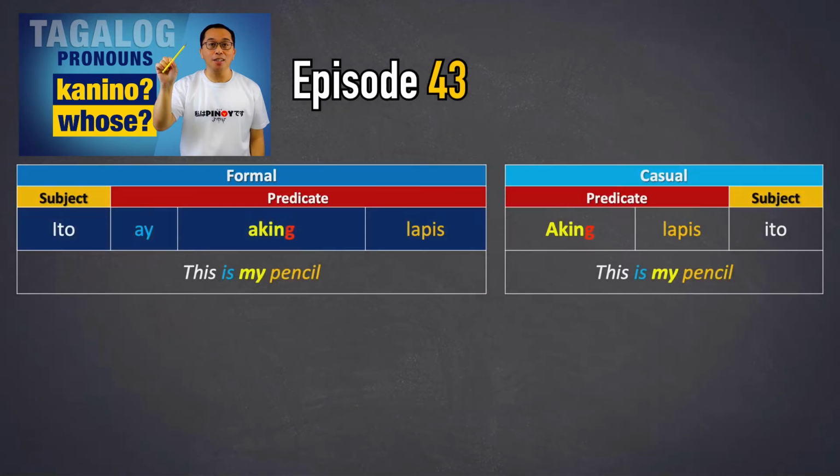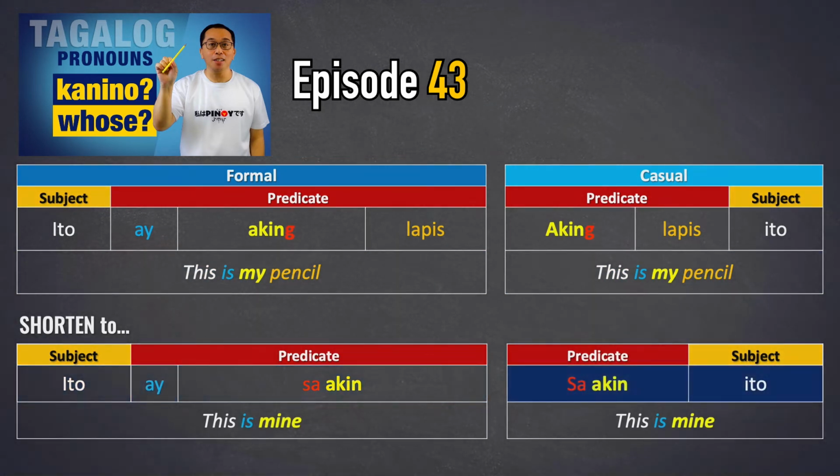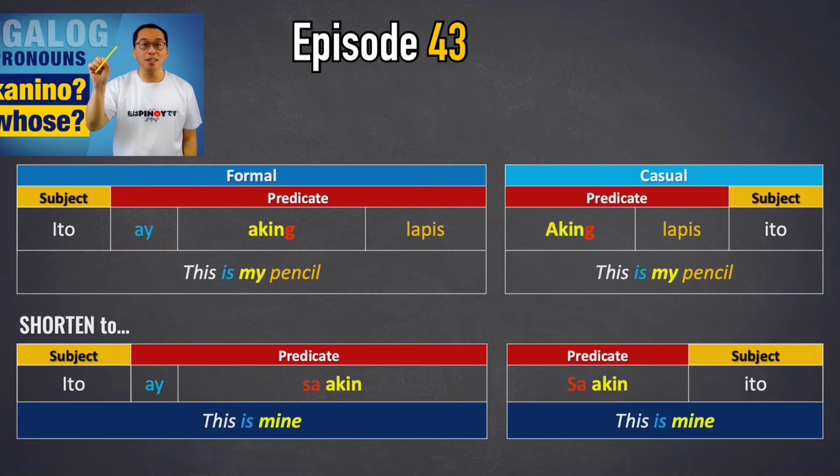Ito ay aking lapis. Aking lapis ito. This is my pencil, which you can shorten to, ito ay sa akin. Sa akin ito. This is mine. All these patterns convey ownership of something.